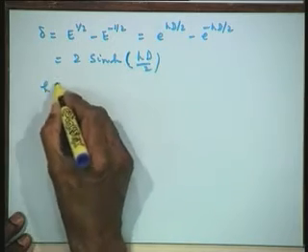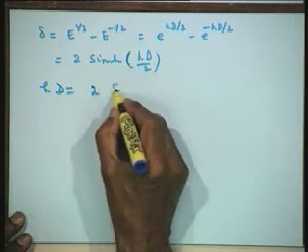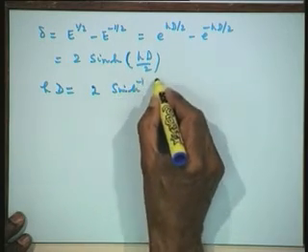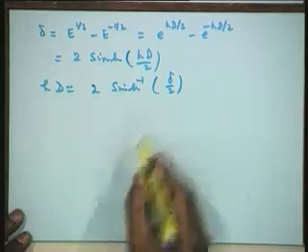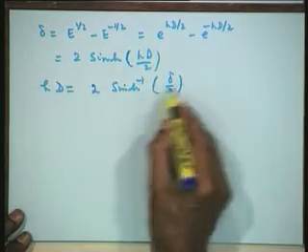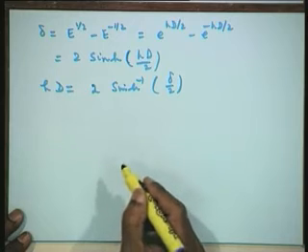Therefore, h d is equal to, let us take 2 also to the right, 2 times sin hyperbolic inverse delta by 2. We bring 2 to the denominator, invert it, h d is equal to 2 sin hyperbolic inverse delta by 2.